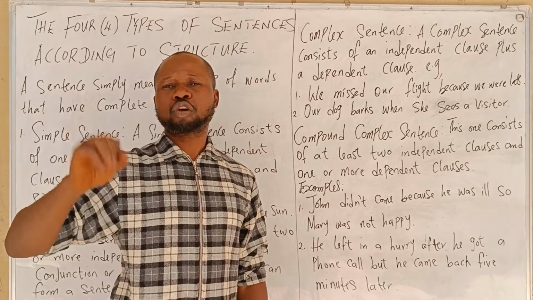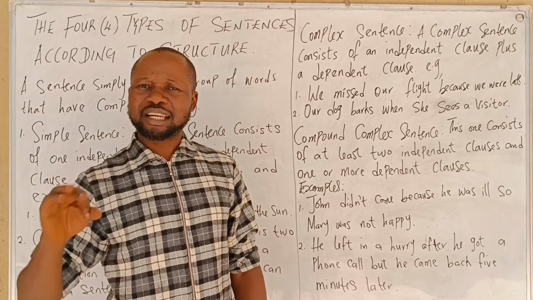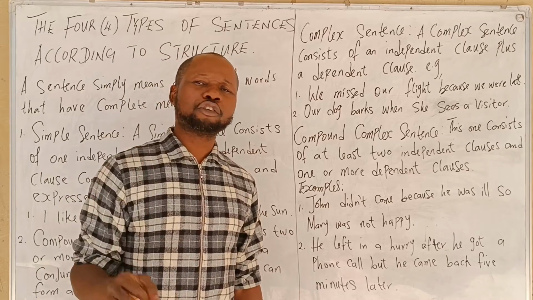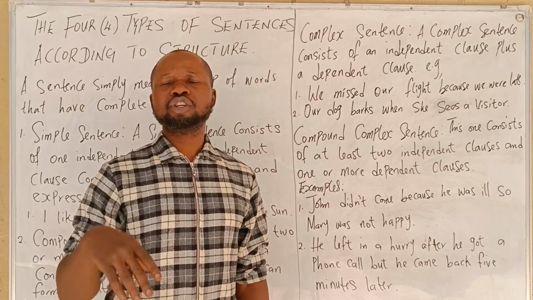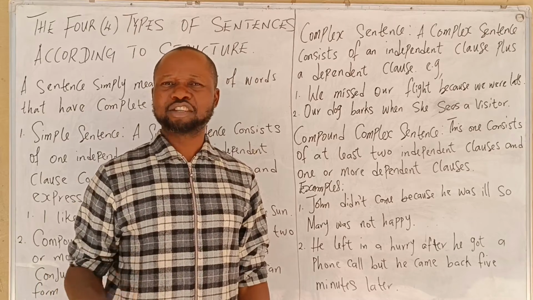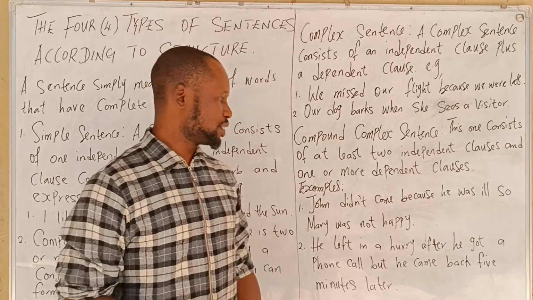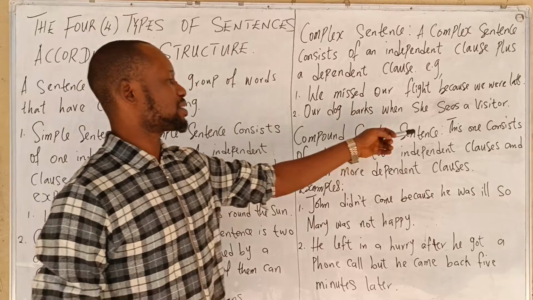While the last one, which is the compound-complex sentence, that one will have 4 and above what? Information or messages. And in those 4 and above, you must have at least 2 independent and 2 dependent. Let's quickly see what is there, and we call it a day for today. Compound-complex sentence.